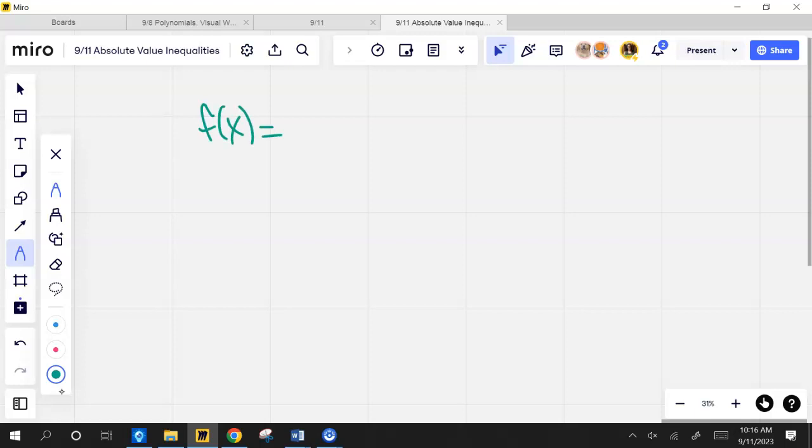But the other one's not short. We'll just let's see where we go with it. Let's see what happens. All right.